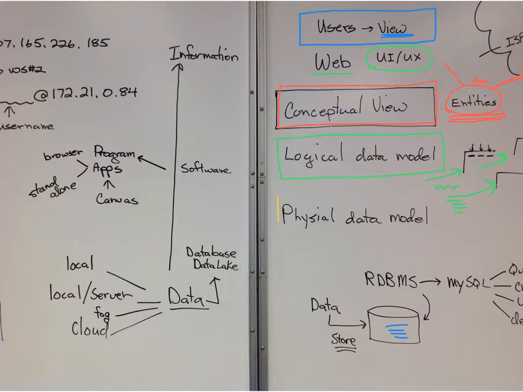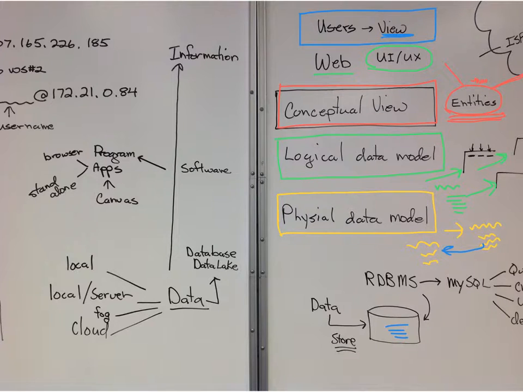Then we can create the physical data model, where we actually build the tables. We create the tables and the fields within there and build the relationships between the tables. Maybe this relates to this over here.